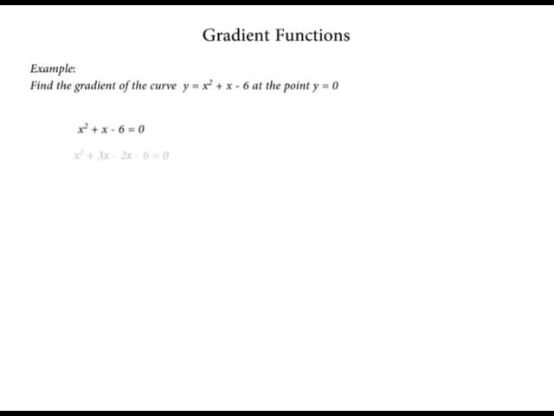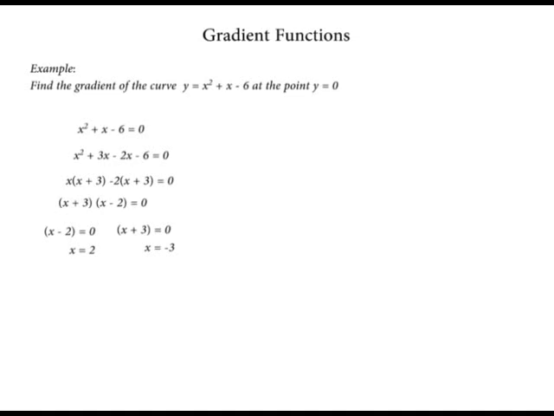That will give us x squared plus 3x minus 2x minus 6 is equal to 0. Factorize: x times (x plus 3) minus 2 times (x plus 3) is 0. Collect the terms: (x minus 2) times (x plus 3) is equal to 0. So we shall find x is equal to 2 and x is equal to minus 3.